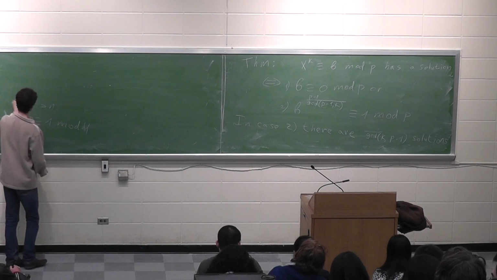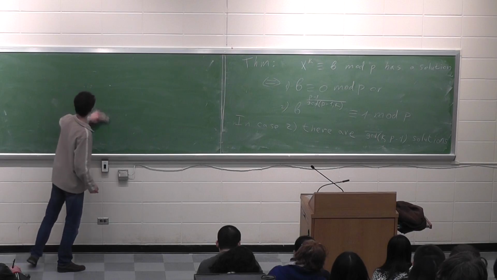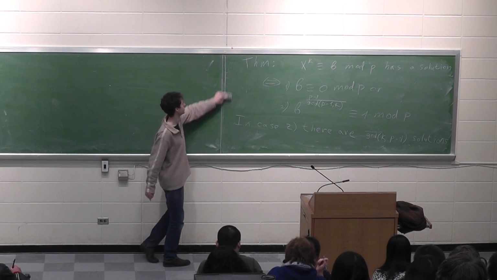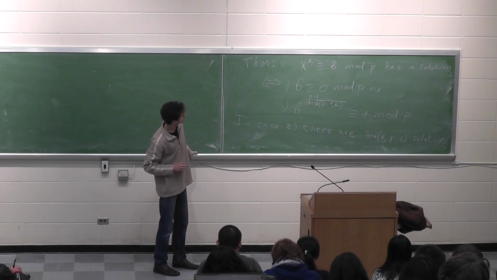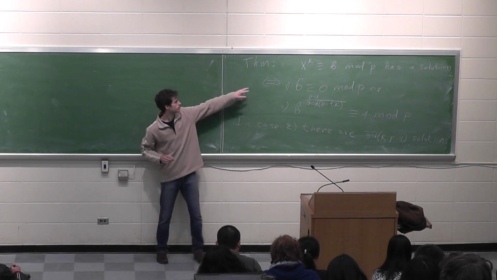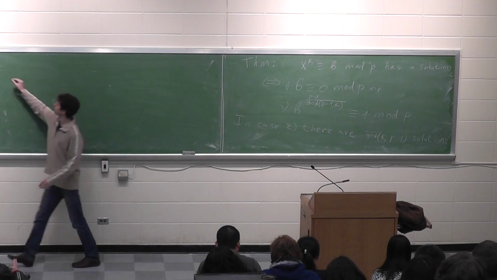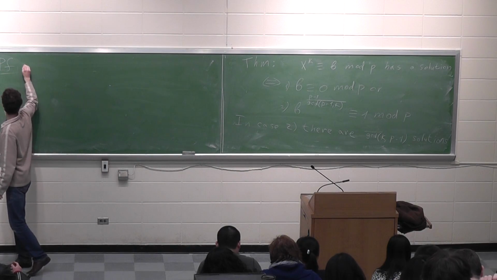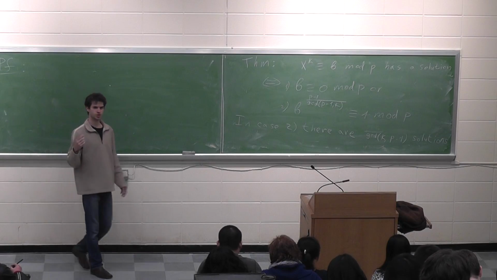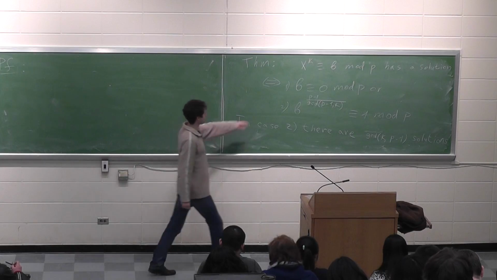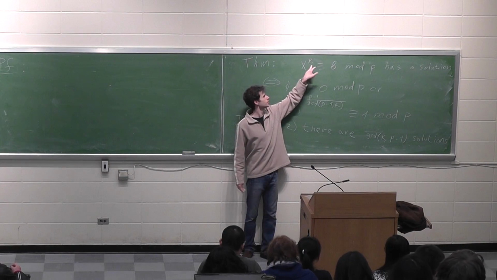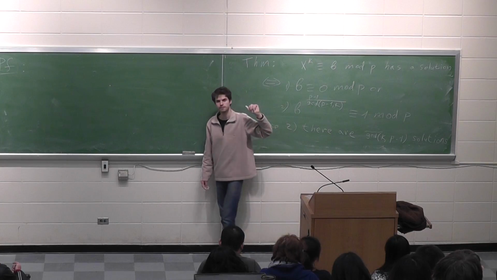And basically we don't really have anything left to prove. Well, maybe just a little bit. One option is to repeat all the arguments that I had in the previous case, where k is a divisor of p minus 1.